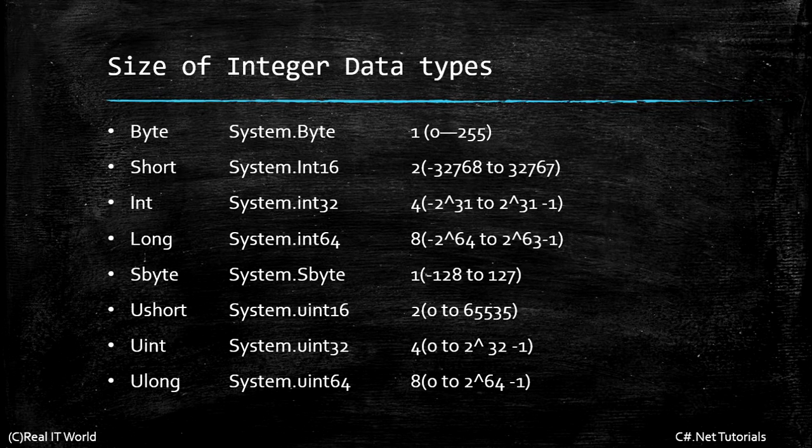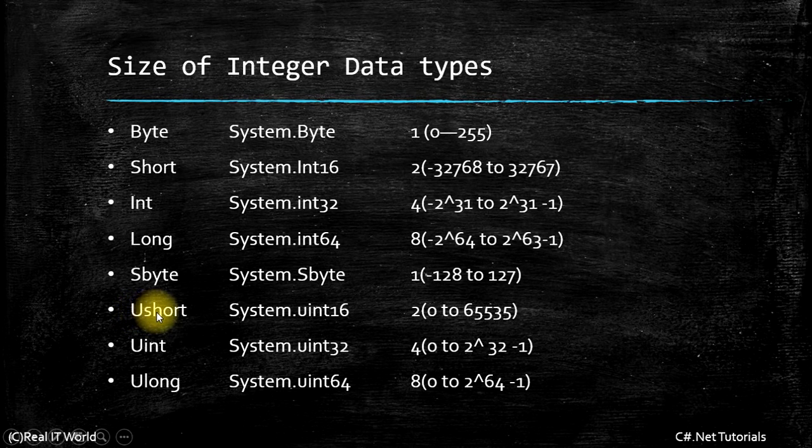So byte is a very small one. It has 1 byte of data. Short has 2 bytes of data. Integer has 4 bytes of data, and byte is going to store only positive numbers, 0 to 255. Short is going to store positive and negative numbers both. See this, ushort.